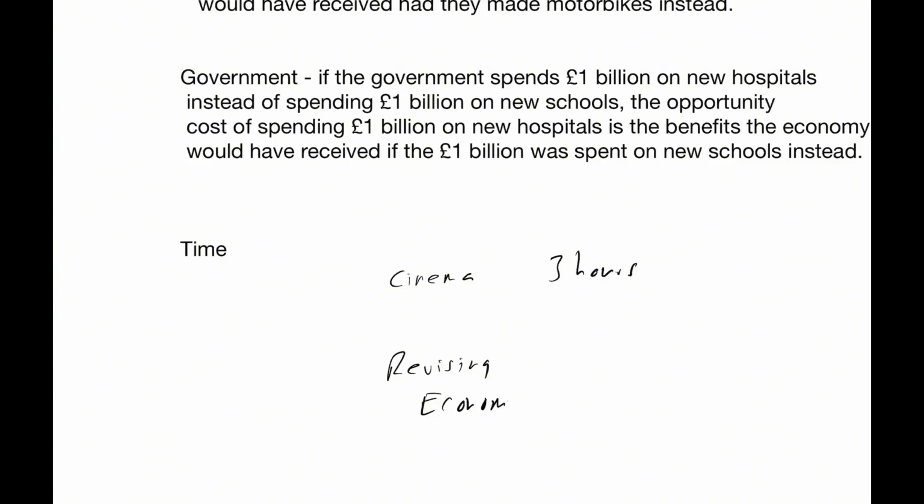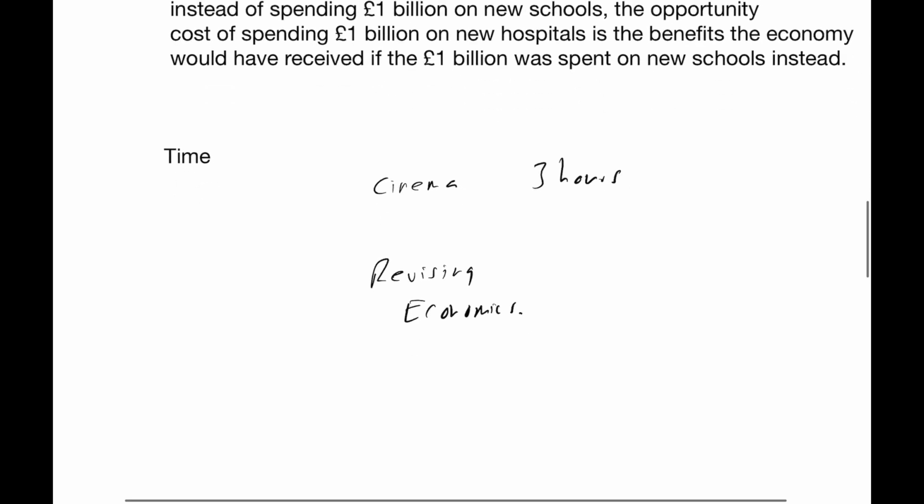Again, they both have their benefits. So if you decide to go to the cinema instead of revising economics, then the opportunity cost of spending 3 hours at the cinema is the benefits you would have received had you revised economics instead.